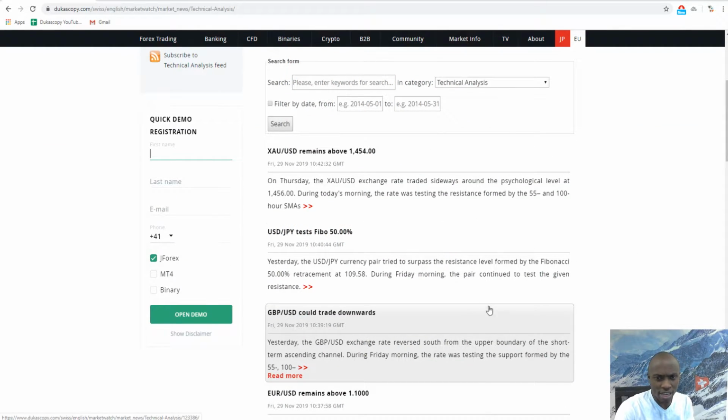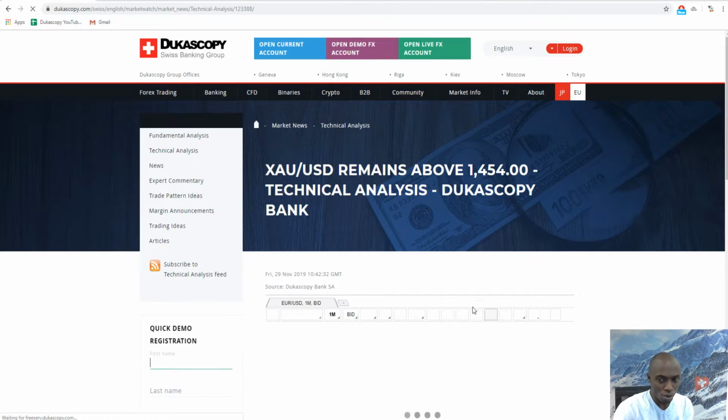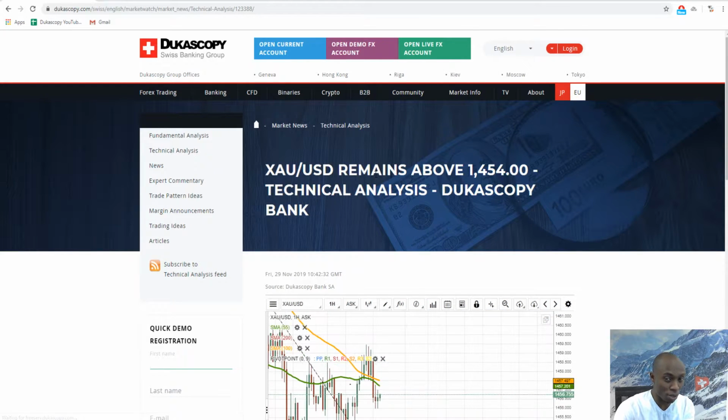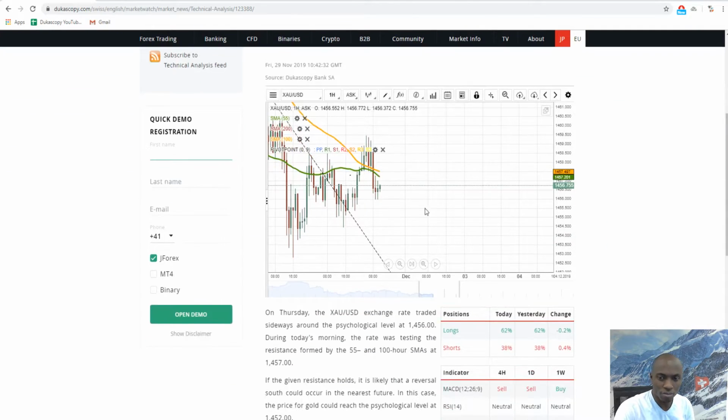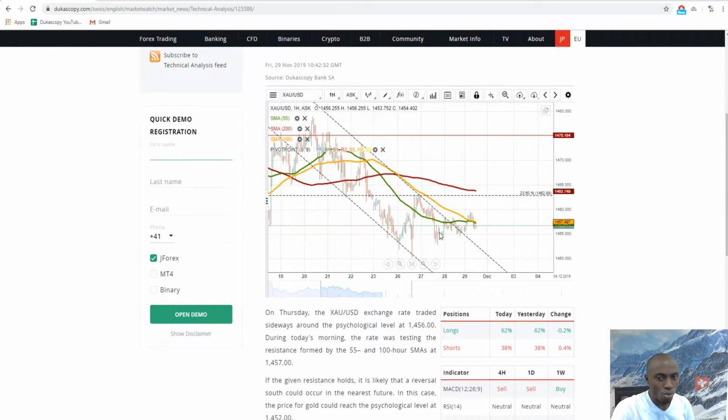Today's the 29th, yeah. You already see that the 8 pairs which I mentioned earlier have already been posted, starting from the gold USD. You see the gold USD, and the subject shows that it is above the 1,454 region. So what I'm looking at right now on this gold USD, I already see it.